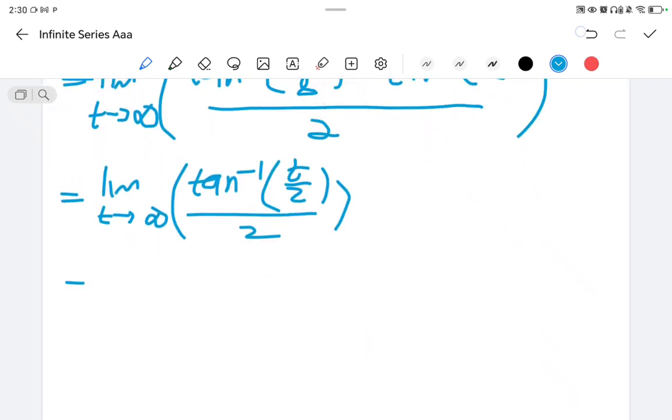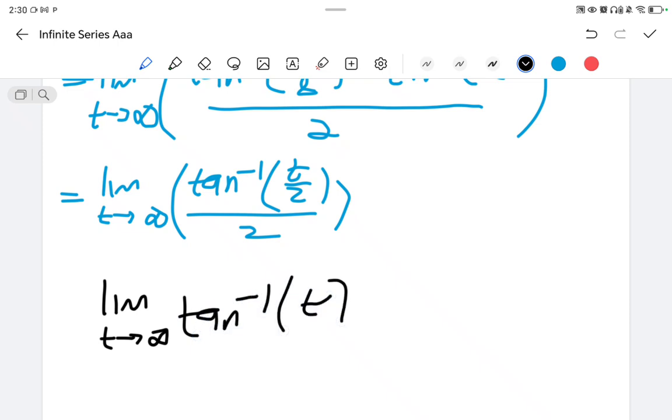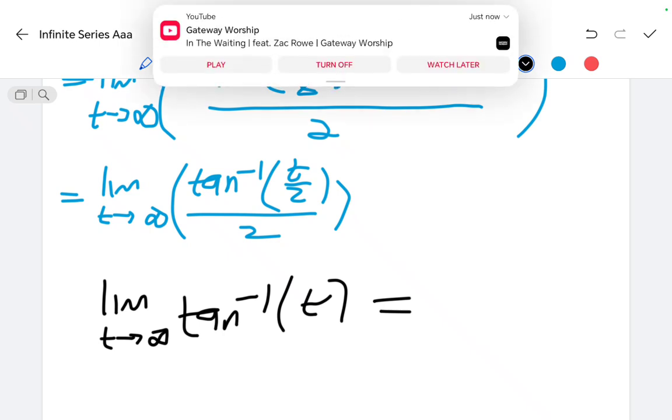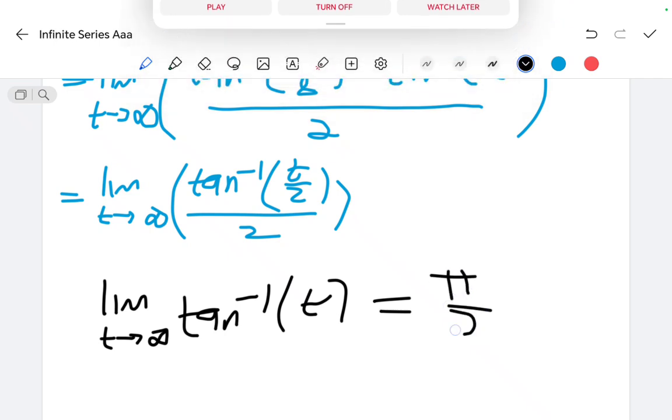Here's another thing you should know. If we have the limit of arctan t as t approaches infinity, what should the solution be? This will be pi over 2. You must try to check that.